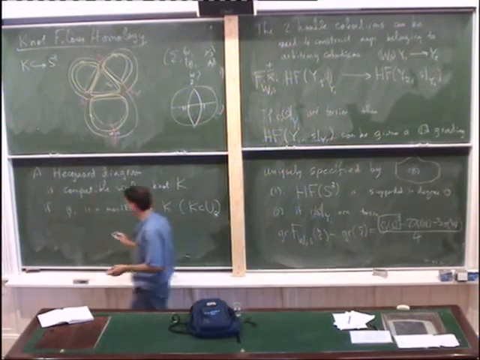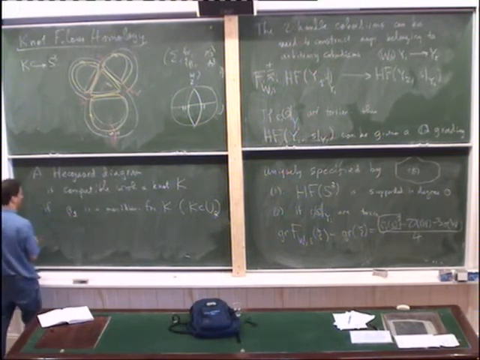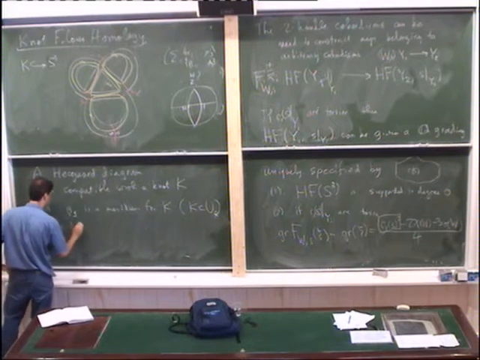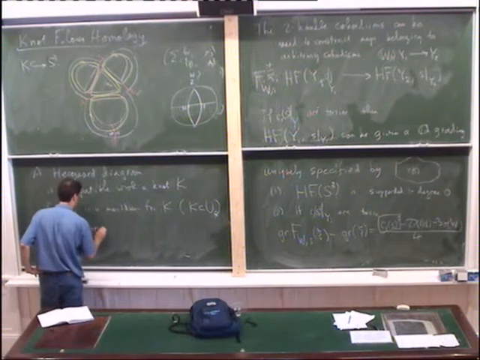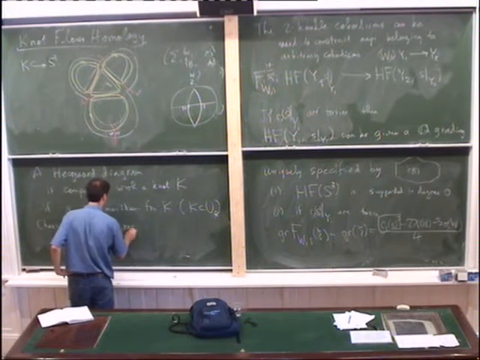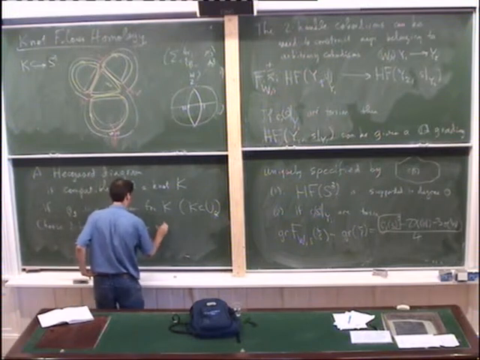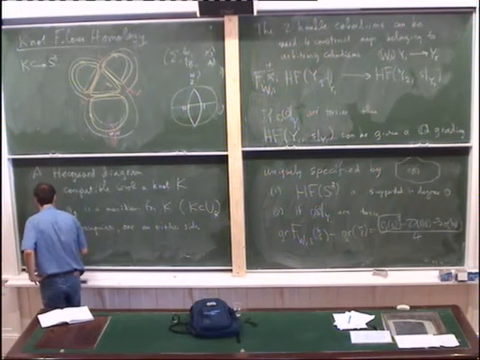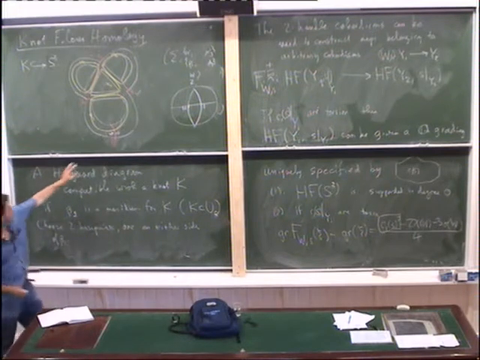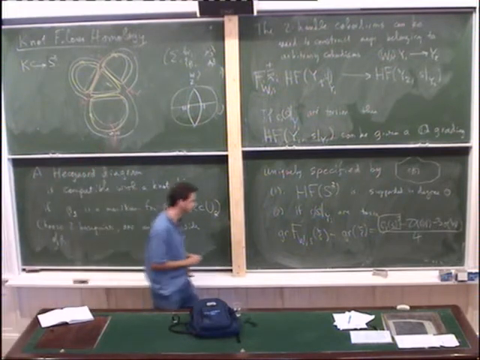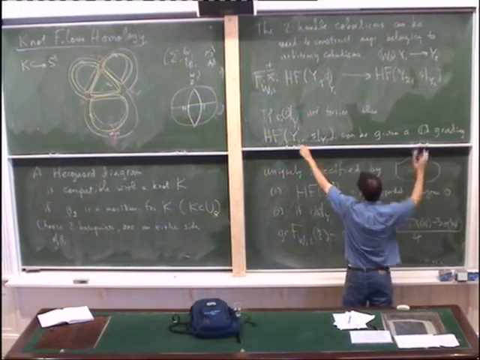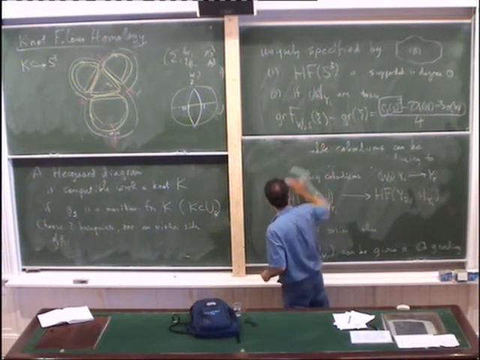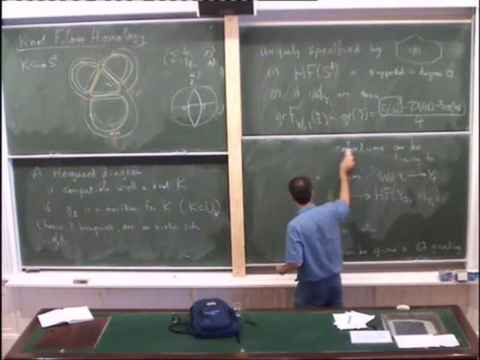And now, given a Heegaard diagram compatible with a knot, we can choose two base points, one on either side of beta 1. So in this case, I picked W and Z. What does this give us?